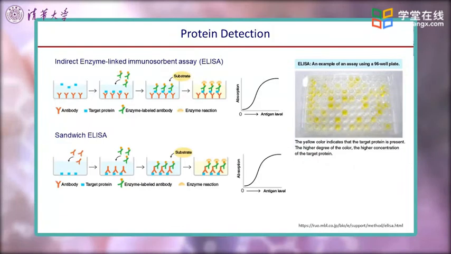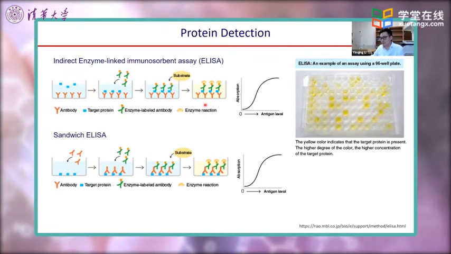Regardless of direct or indirect protein detection method, protein detection usually takes the form of a method called ELISA, which stands for enzyme-linked immunosorbent assay. In the indirect ELISA assay, the antibody which recognizes the viral protein is first absorbed onto the bottom of the well.